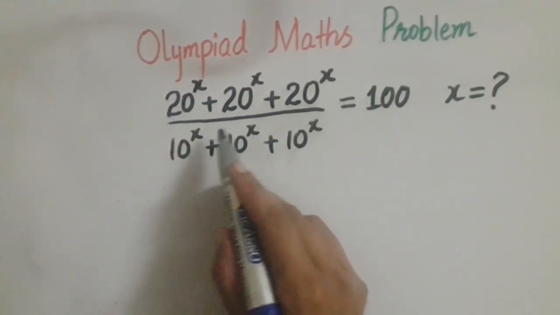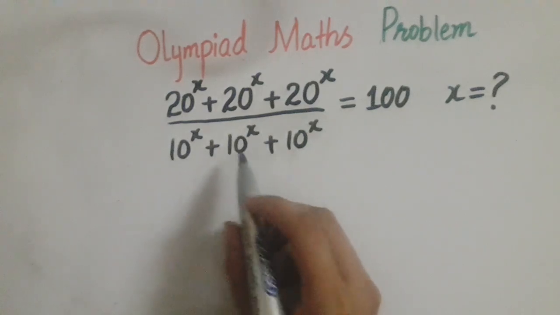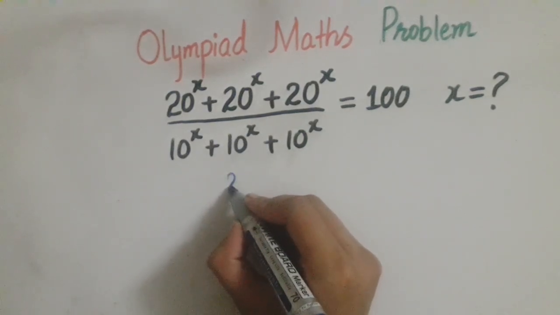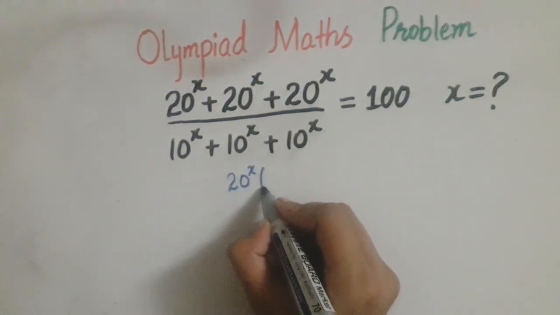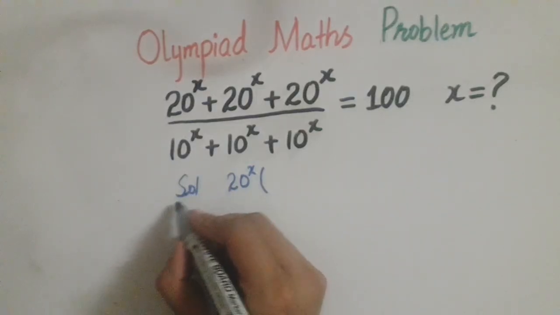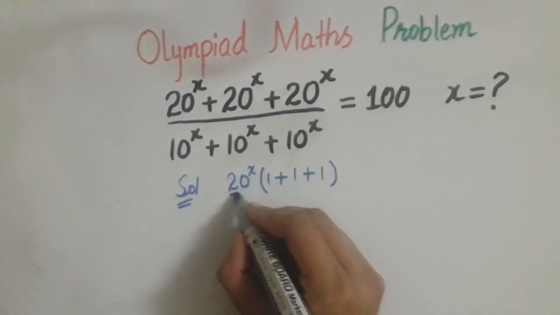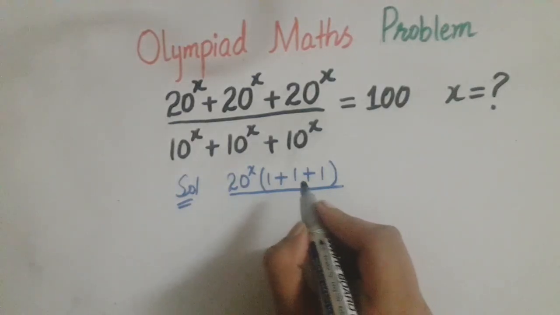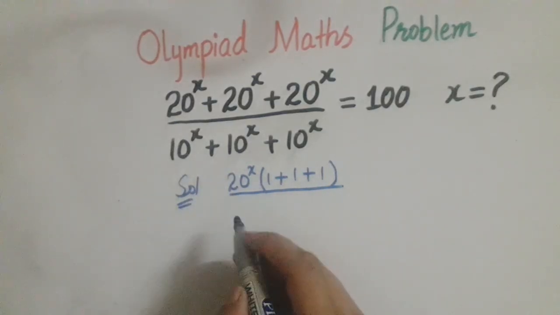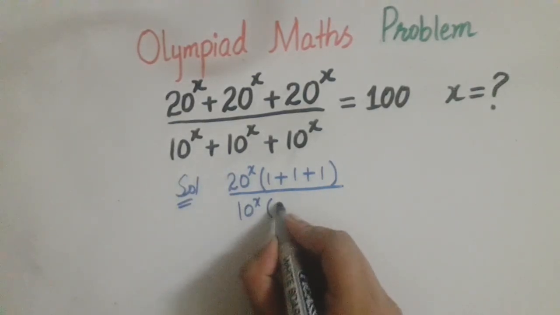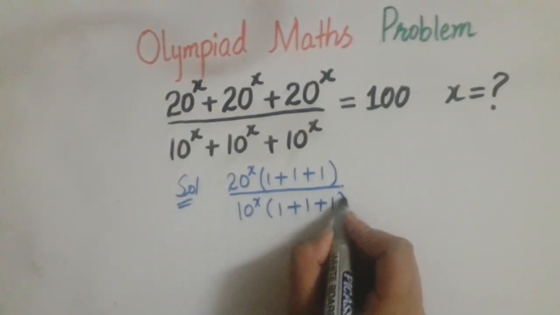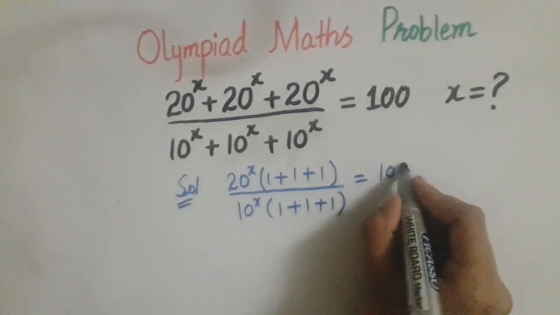For this purpose, first of all, we will take 20 raised to power x common from the numerator, and the remaining will be 1 plus 1 plus 1. In the denominator we will take 10 raised to power x common, and the remaining is 1 plus 1 plus 1, and this equals 100.